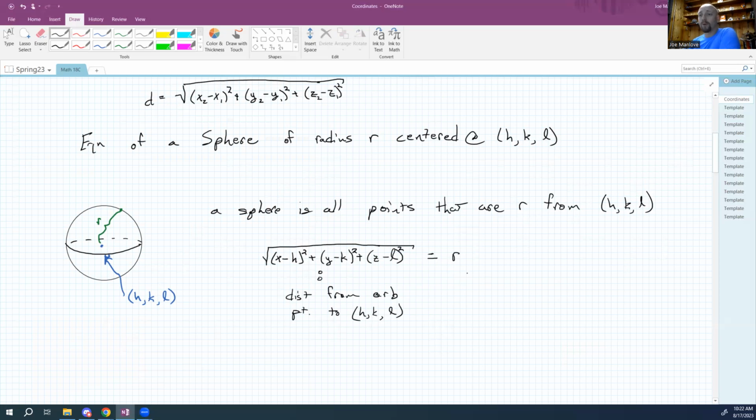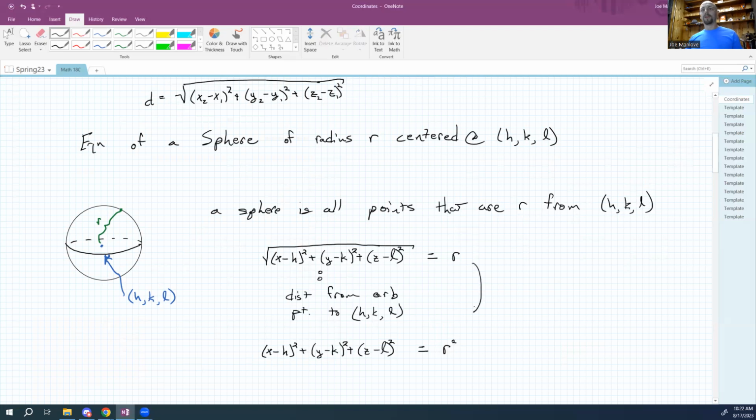And then if I square both sides, which boy howdy is a lot easier here when you can copy and paste. So I'm just going to take that exact same equation. And we're going to erase our big old square root guy and square the other side.